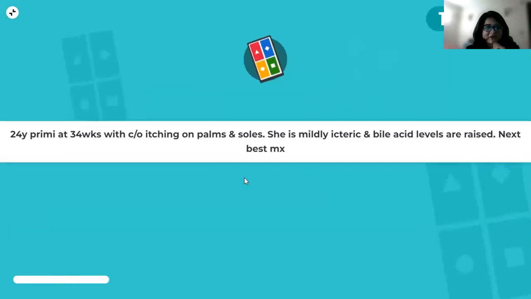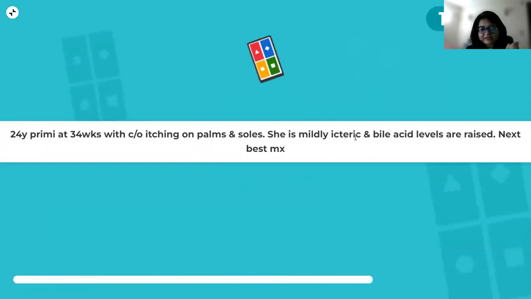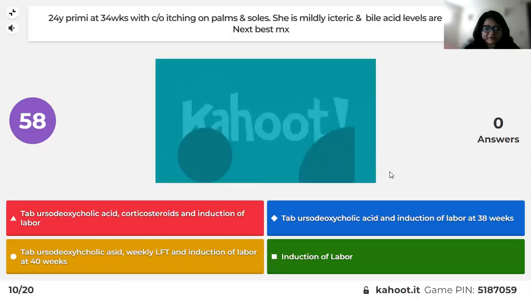Okay, 24-year-old primary at 34 weeks with itching on the palms and soles. She's mildly icteric and bile acid levels are raised. What is the next best management?